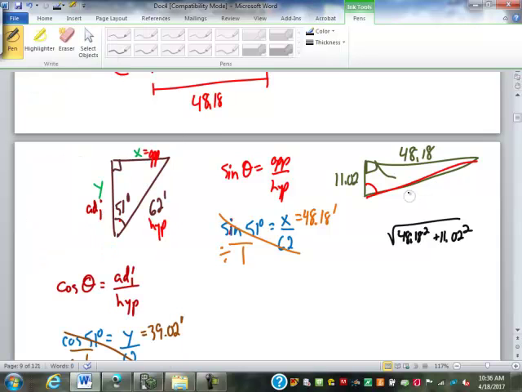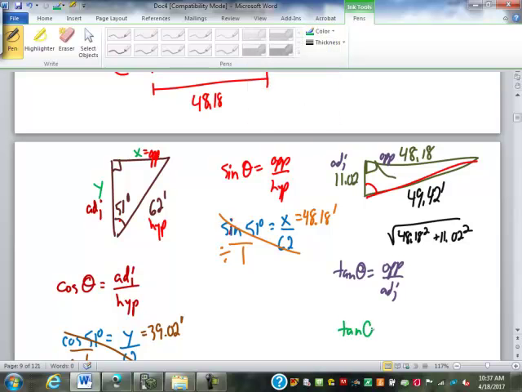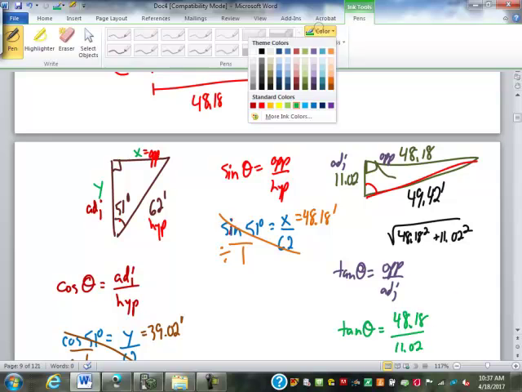So 49.42 feet. The angle, I'm dealing with opposite and adjacent, is going to be a tangent. Filling in what I know, I'm looking for that angle. Opposite side is 48.18. Adjacent is 11.02.